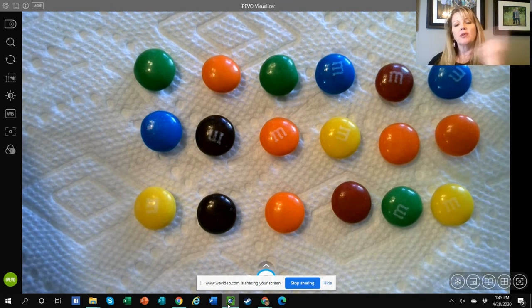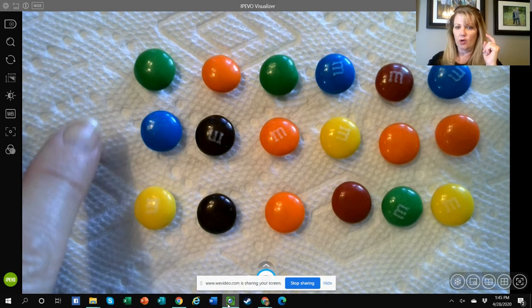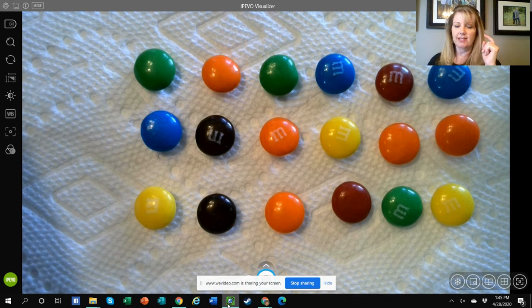If you remember last week, I told you that arrays are important to learn about because it's the building block, the basic foundation for the premise of multiplication. So I could count these by knowing multiplication, and I can say 3 rows times 6 columns equals 18.